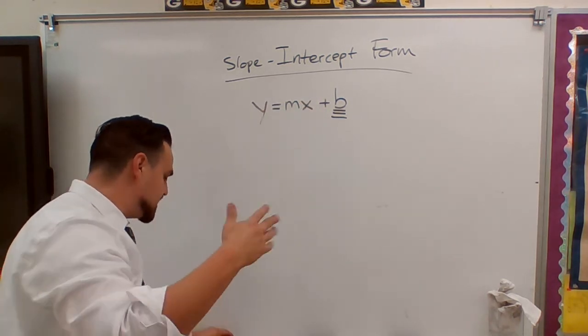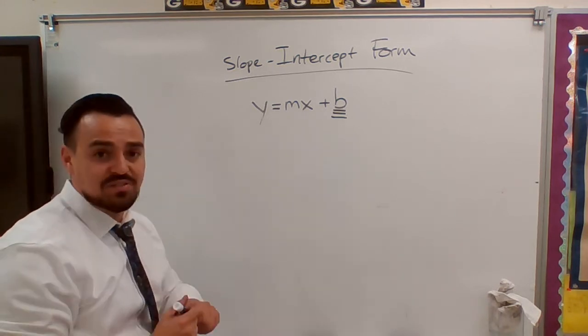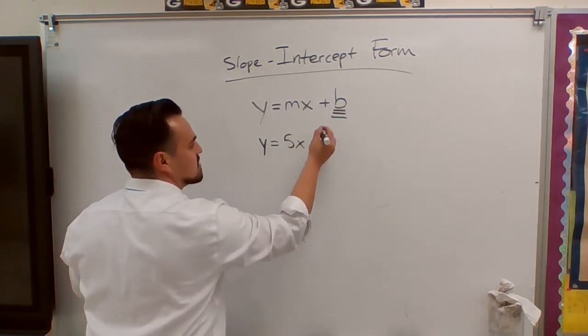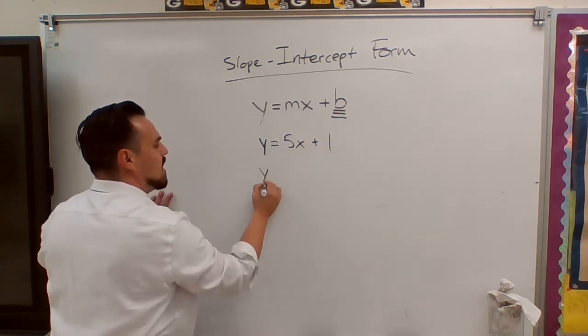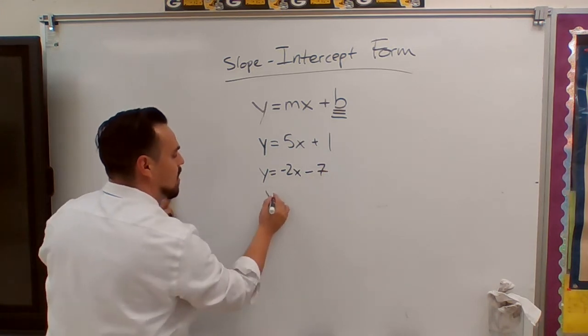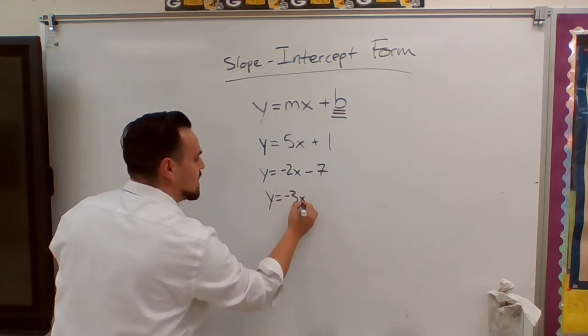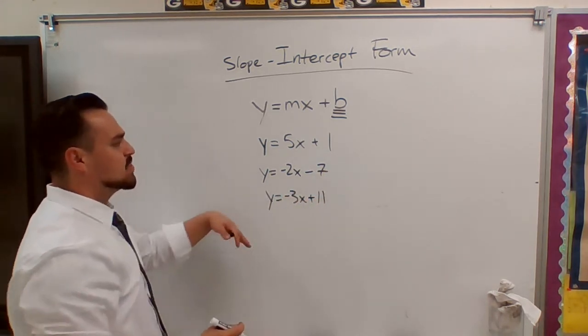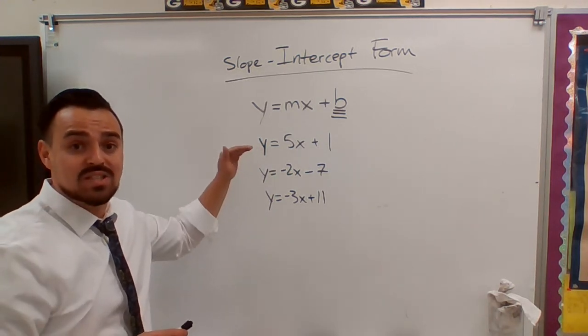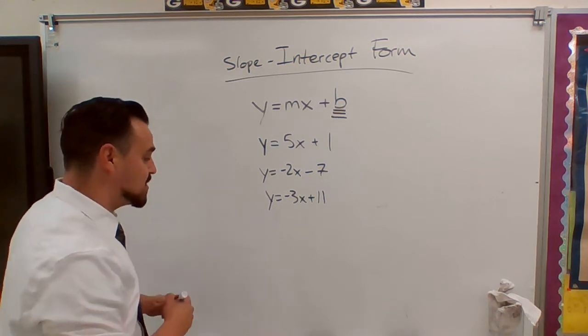We're going to plug in different things for them. But we've seen different equations like y equals 5x plus 1, y equals -2x minus 7, y equals -3x plus 11. These are all examples of linear equations in slope-intercept form.